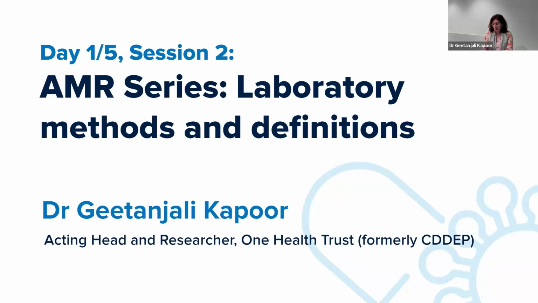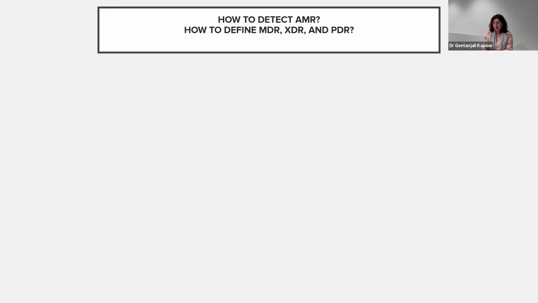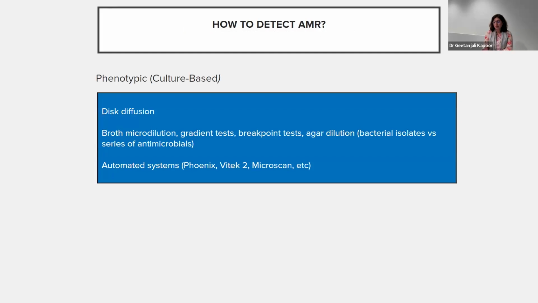That is important. So in the next 30 to 40 minutes, we'll discuss the various lab methods and the definitions. As you know, most of you coming from a healthcare background, when I ask how you detect AMR, you detect it by some kind of lab technique.